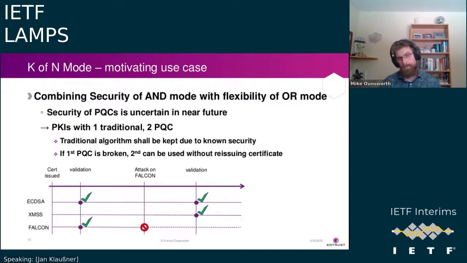But if one of the 3 signatures is broken, because of the uncertain future we see with the PQC algorithms, we still have some way to verify our signatures with the same security level as before.